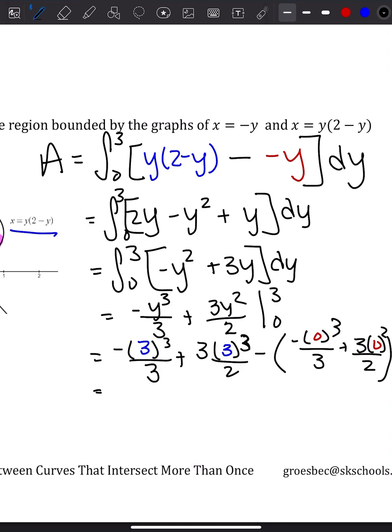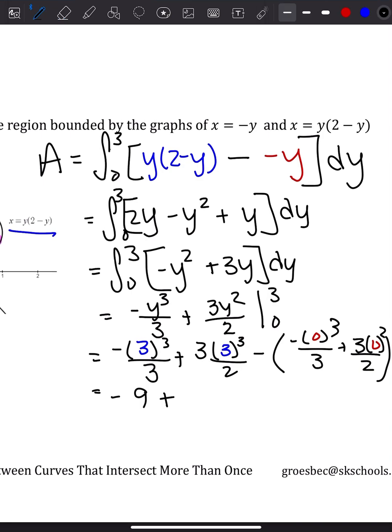We have negative 3 cubed over 3. Well, 3 cubed divided by 3 is going to be 3 squared. 3 squared is 9, so I know that this is going to be negative 9. Plus 3 squared times 3, which is actually 3 cubed. 3 times 3 times 3 is 27, so we have 27 divided by 2.